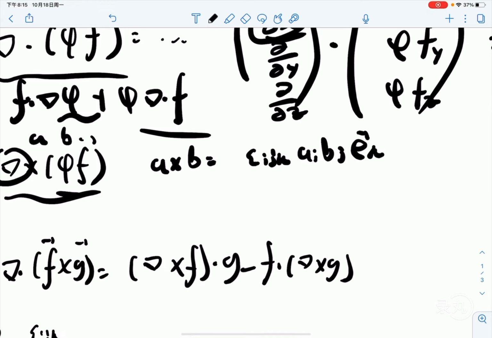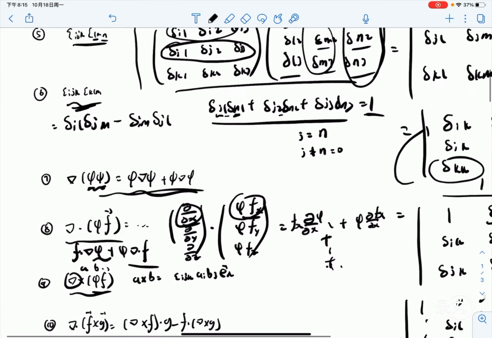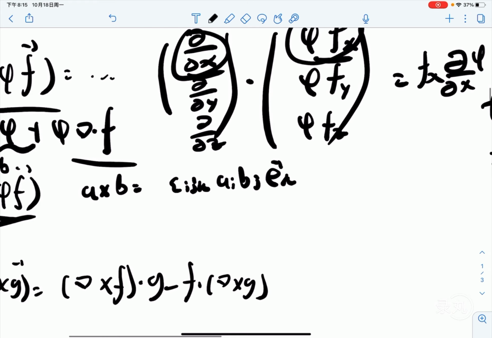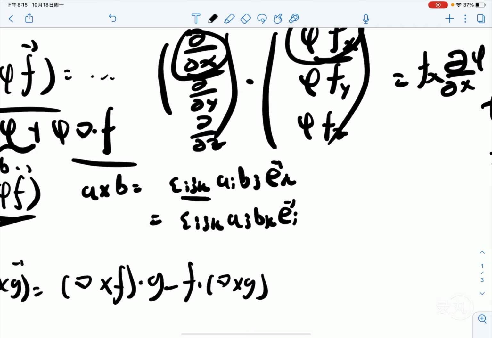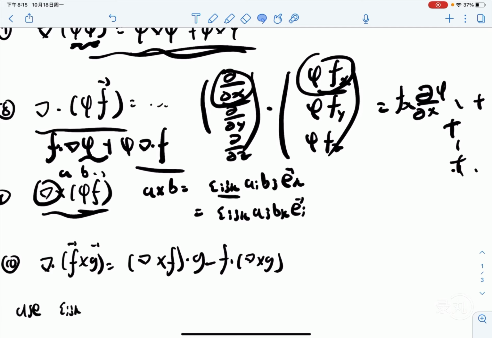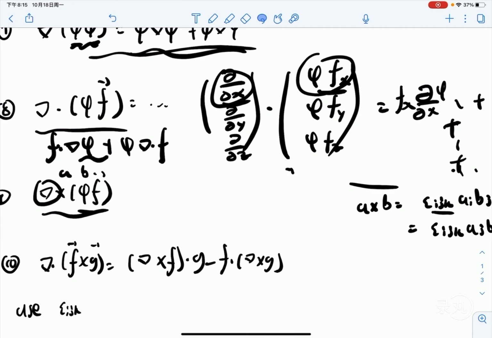Did I write it? Yes, I have. Or when we switch terms, this is also equal to ijk, AJ, BK, EI. So, okay, let me move it to this side.